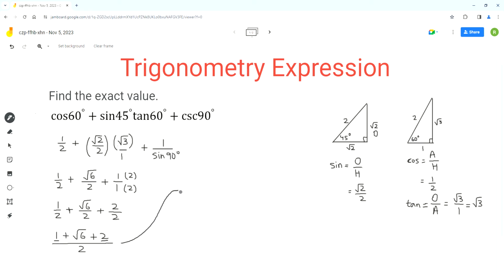And the final answer should be square root of 6 plus 3 over 2. This expression cannot be simplified, so we can just leave it like this. So this should be the final answer for the exact value of this given trig expression.